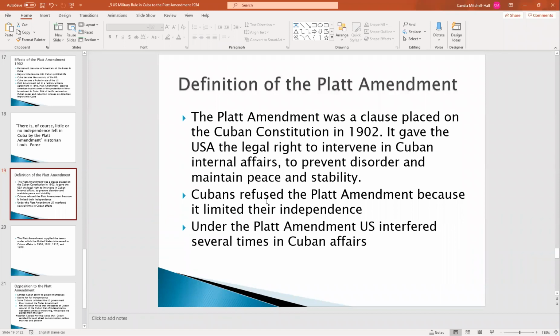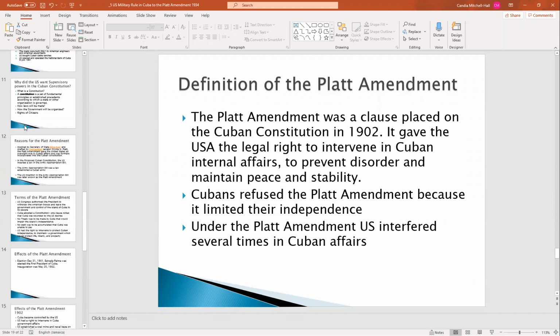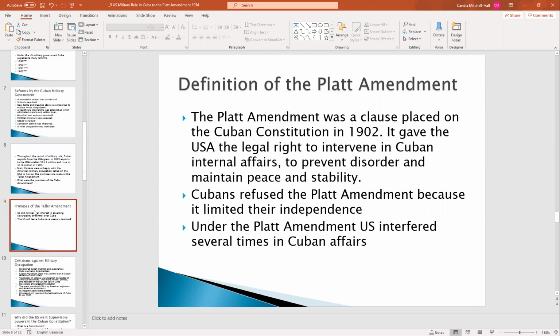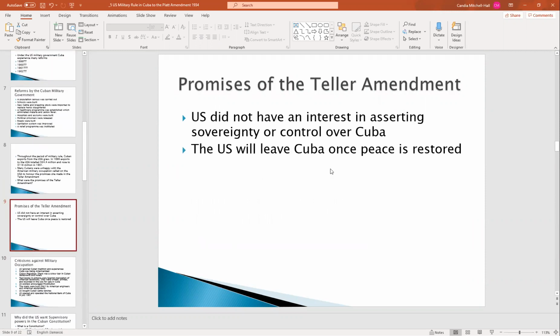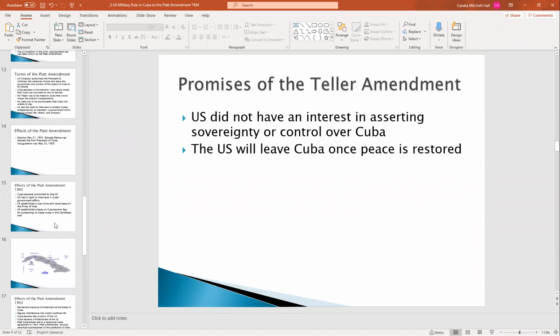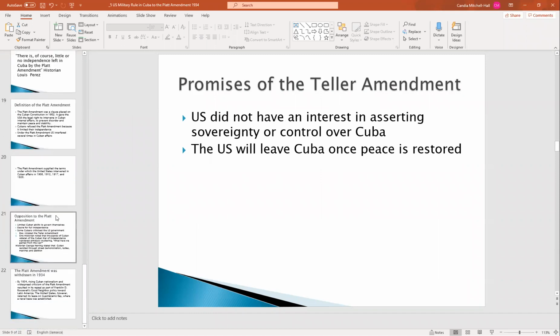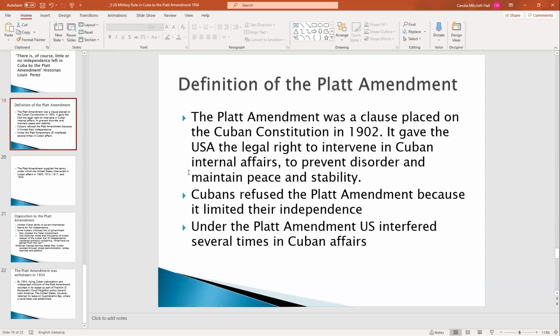And then Cubans are saying, but you told us in the Teller Amendment that once there is peace, you're going to leave. But now you implement the Platt Amendment to our Constitution. And so what is going to take place here? Cubans are going to refuse the Platt Amendment because they say that it limits their independence.